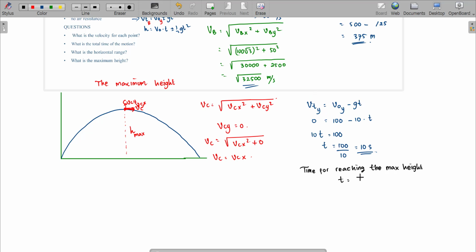Time equals V0y over g, or you can open the formula of V0y, that is V0 sin theta divided by gravity. So this is the formula for the time of reaching the maximum height. Where do you get it? From the linear motion formula, from last meetings. Okay, that's time.